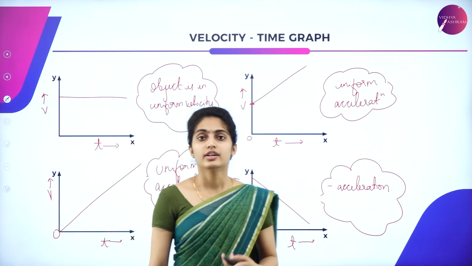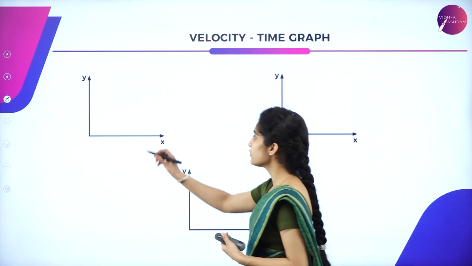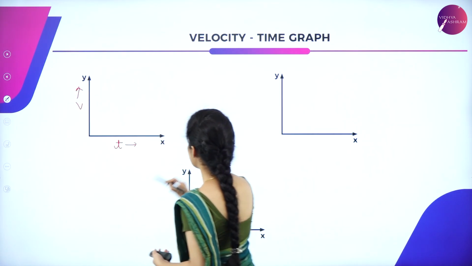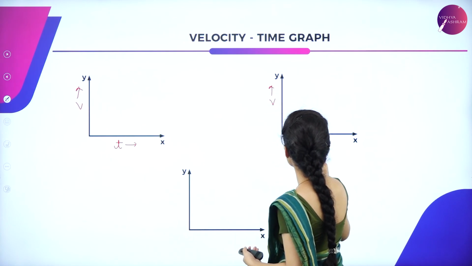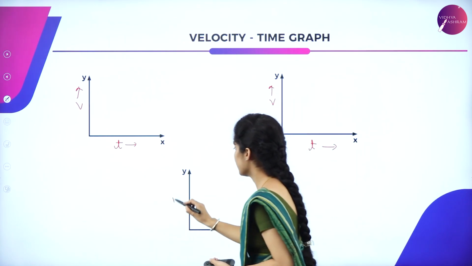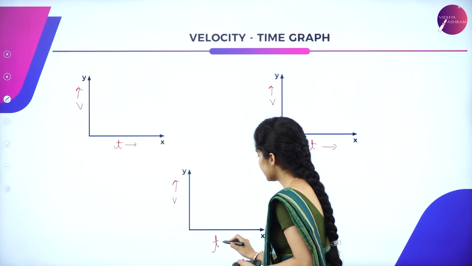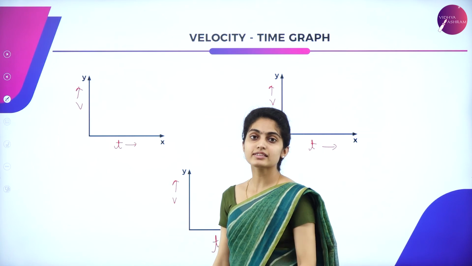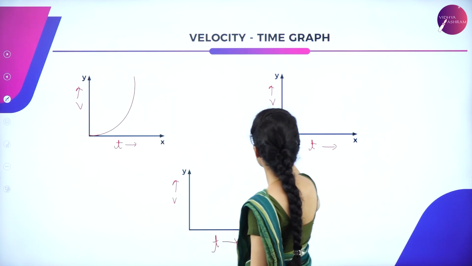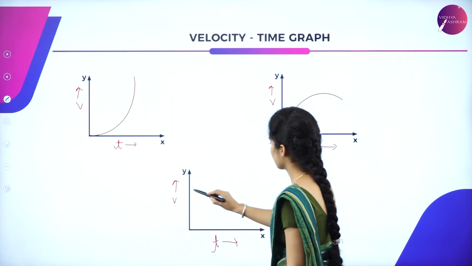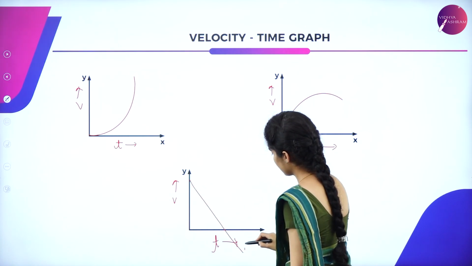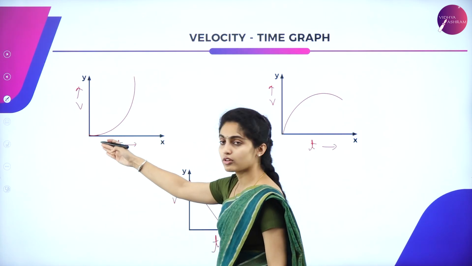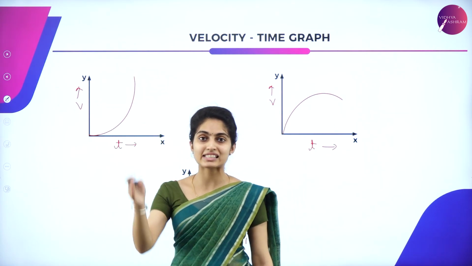So coming to the next view of the velocity time graph, wherein the y-axis represents your velocity and the x-axis represents your time, again it is velocity as well as time. So what happens in this case? Again you are having a few of the graphs. In this case, we can say that the change in velocity is increasing.